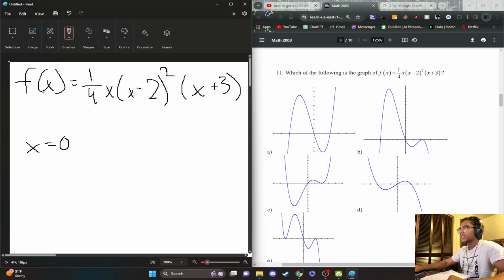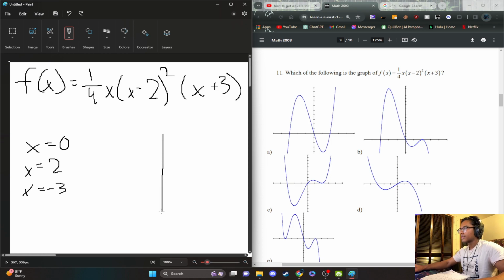Then you have x minus 2 equals 0, which is the same thing as x equals 2. And then you have x plus 3 equals 0, which is the same thing as x equals negative 3. So these are your 3 zeros that it's supposed to touch on.